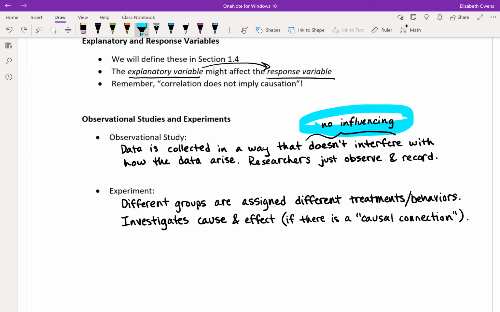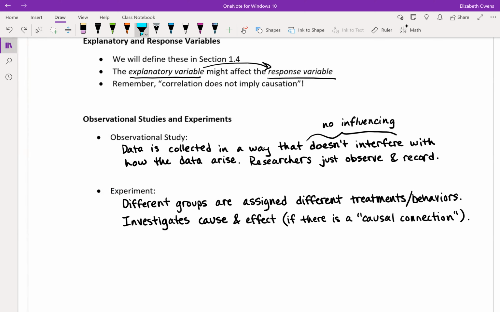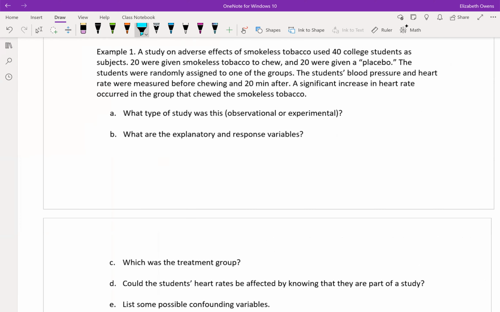There's no influence by the researchers. In an experiment, different groups are assigned to different treatments. So in this study, we've got an experiment because there is influence by the researchers, and we are assigning different treatments to different groups. So this is experimental.